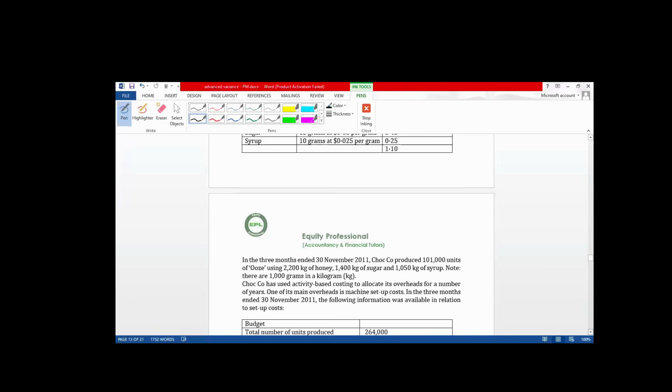In the 3 months ending 30th November, Chokes and Co. produced 101,000 units of the product.